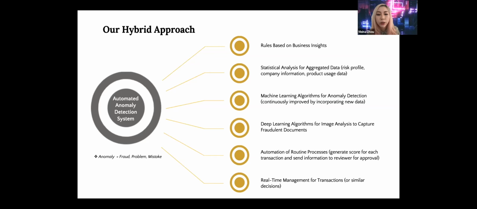And then the final step would be to create a real-time management system for those transactions or other similar decisions that they want to make. And I've noted here that the anomaly could be a fraud, a problem or a mistake, or any specific product usage change that you want to monitor for your business.